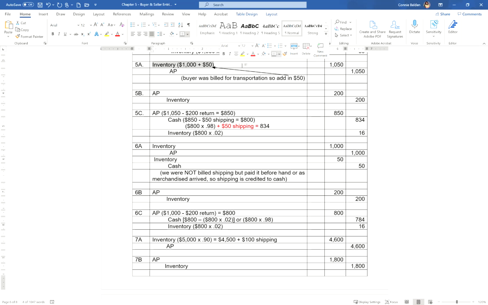And they realize that that's an additional cost to the item. So therefore, as a buyer, we just add that $50 that we were billed in shipping onto the $1,000 that we bought in inventory. So I will debit inventory for $1,050. And I will credit accounts payable for $1,050.